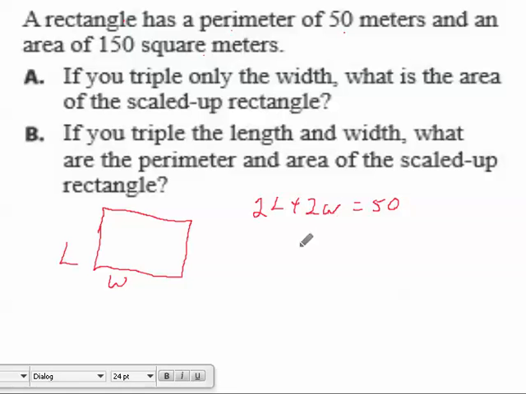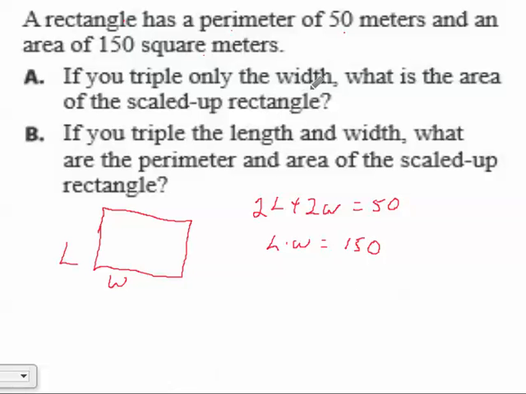And an area of 150 meters. That means length times width equals 150 square meters. Now it says if you tripled only the width, what is the area of the scaled up rectangle?